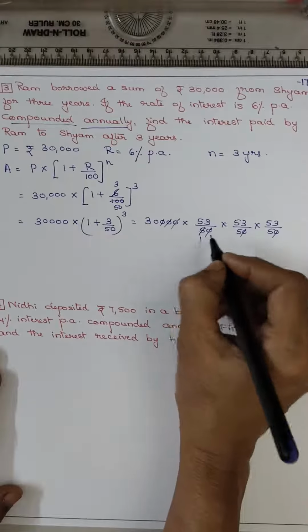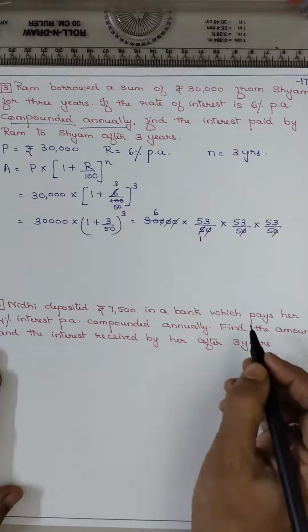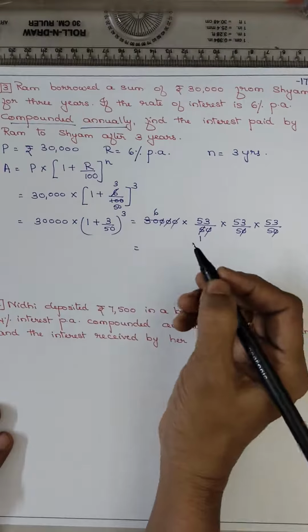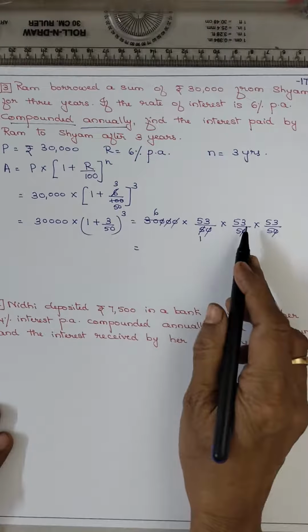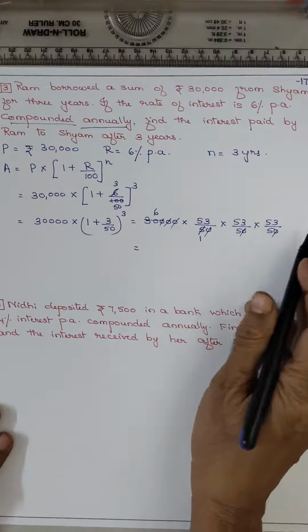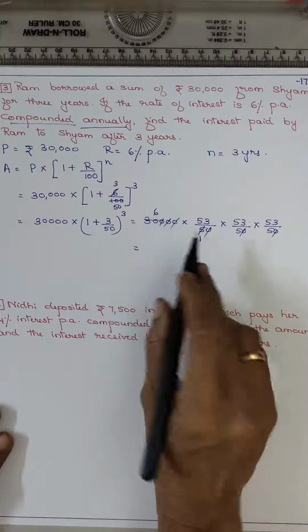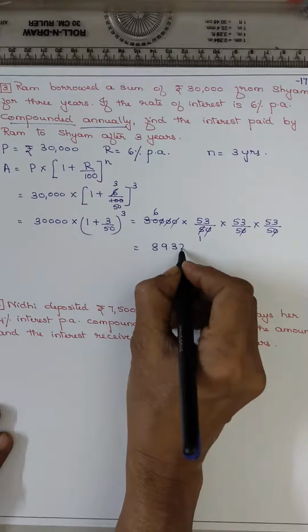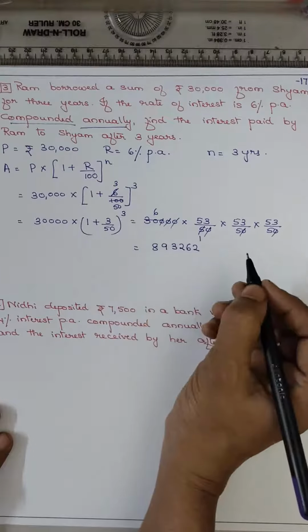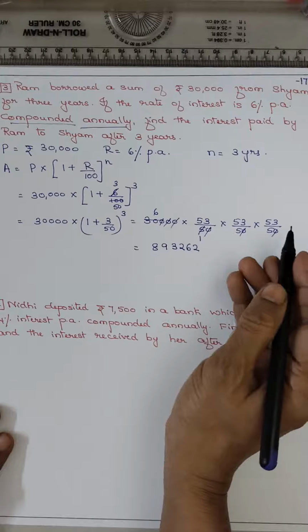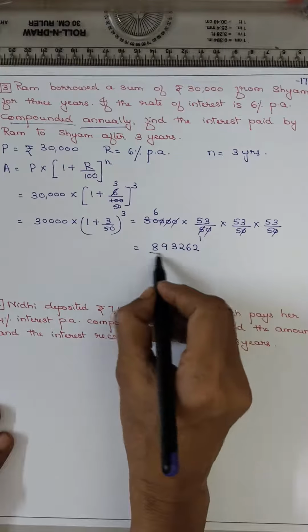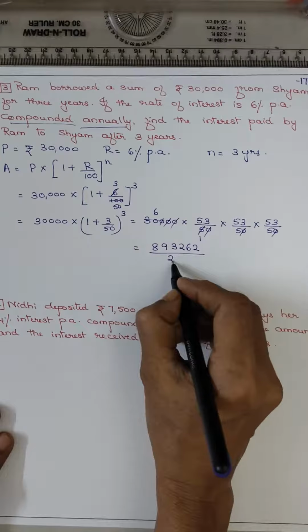Now 5 ones are 5, 5 6s are 30. So you got 53, 53, 53 3 times into 6. When you multiply, you will get 893262 upon 5 5s are 25.